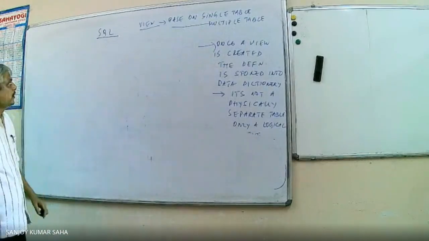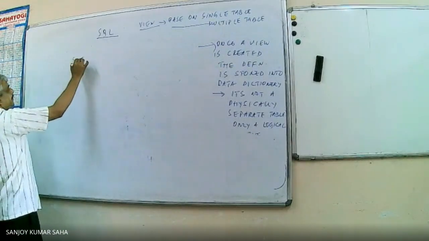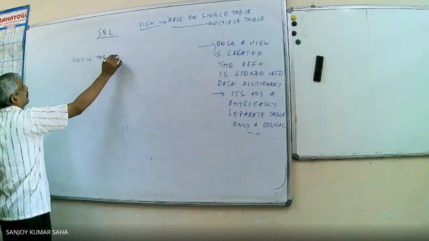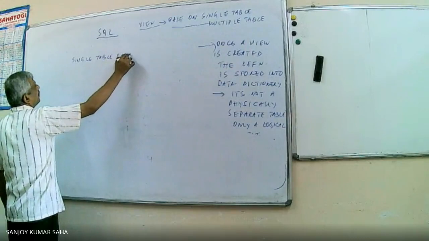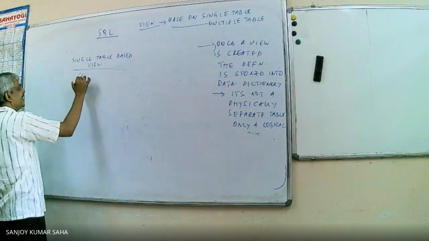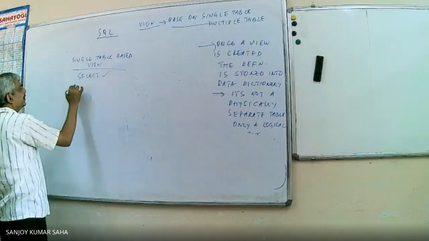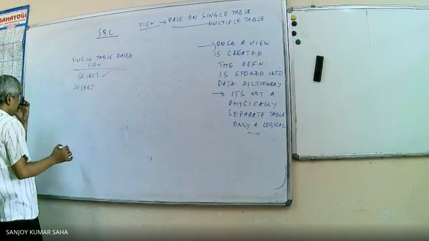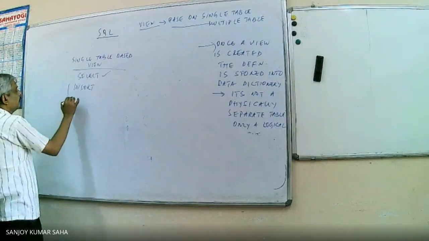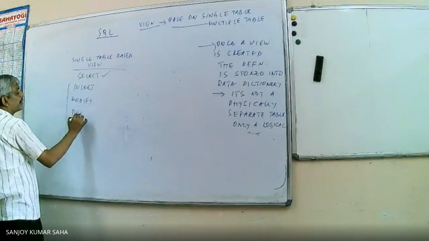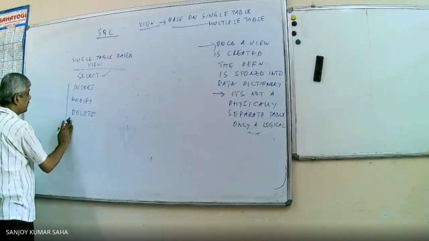Now see, if the view is based on a single table, one can carry out the select operation, one can go for insert operation, one can go for modify operation, one can go for delete operation.